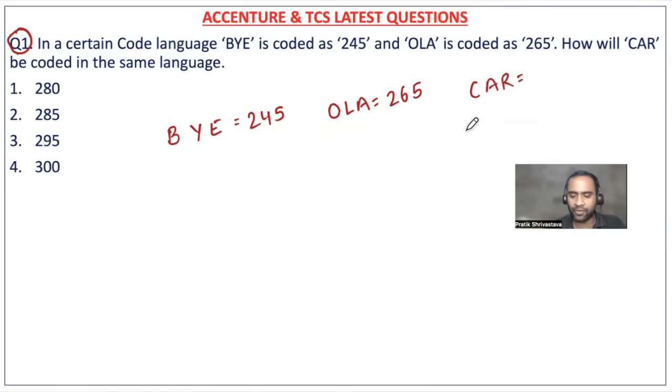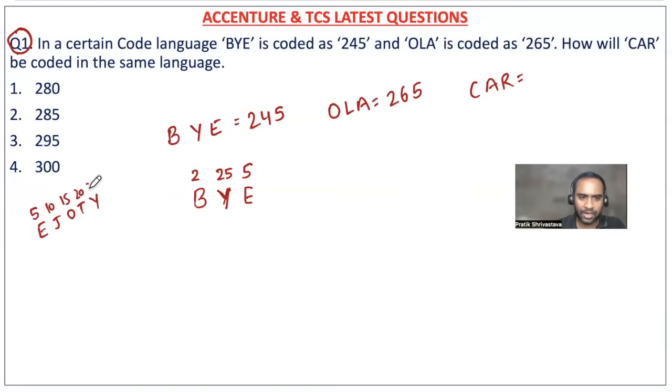As a beginner, when you try to solve the question, we cannot get the exact logic right away. So definitely we will start with the alphabetical positions of the letters. Here B is 2, Y is the second last alphabet, so Z is 26 and Y is 25, and E, J, O, T you know: 5, 10, 15, 20, 25.